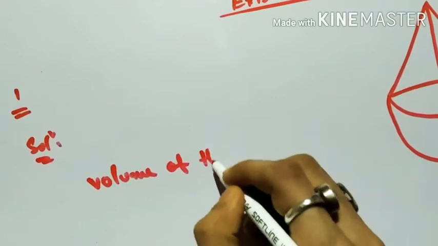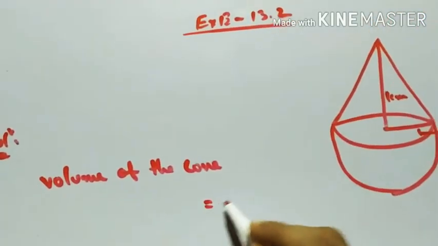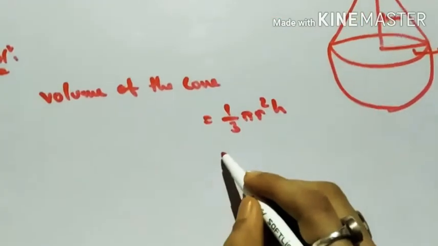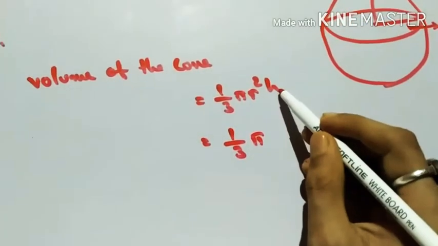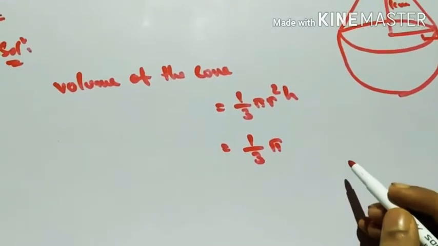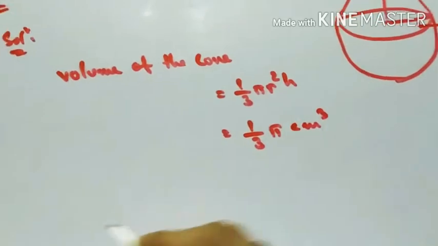Volume of the cone is equal to 1 by 3 pi r square h, which will be equal to 1 by 3 pi, because r and h are both 1. It will be 1 by 3 pi centimeter cube.